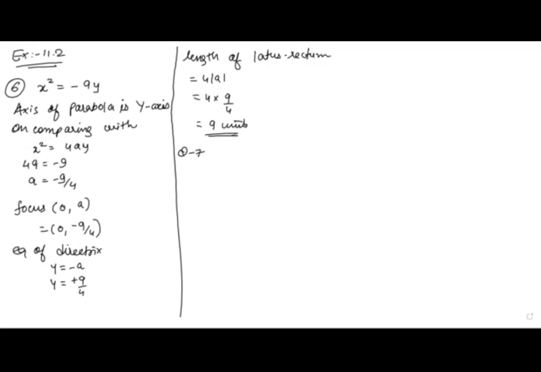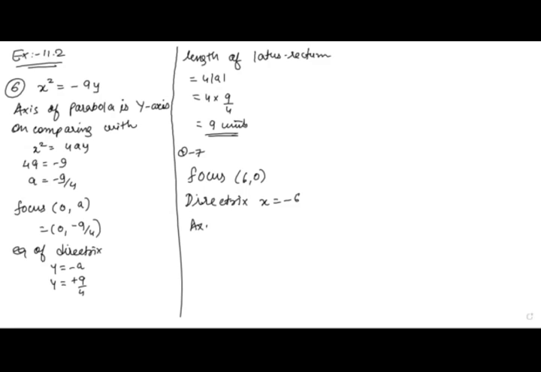So you can see that the focus is on the x-axis, right? This will give me confirmation that my axis of the parabola is the x-axis. The equation of directrix given is x is equal to minus 6.